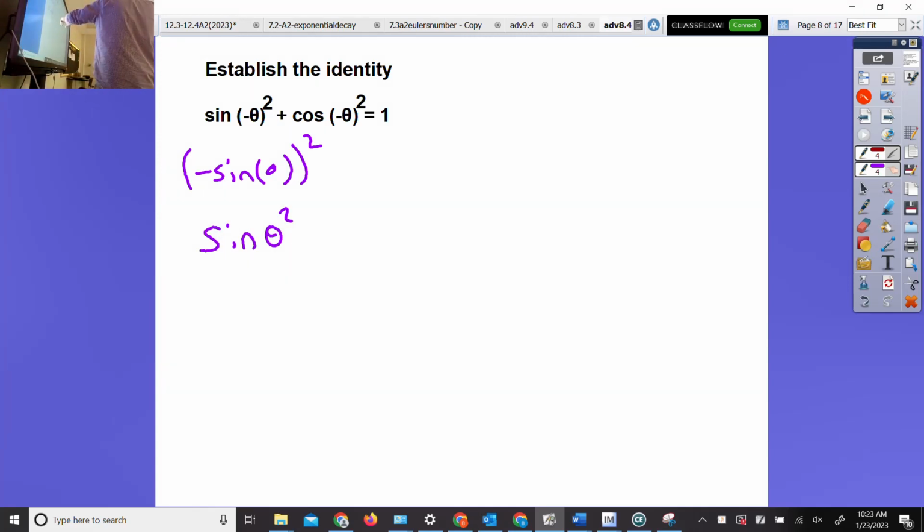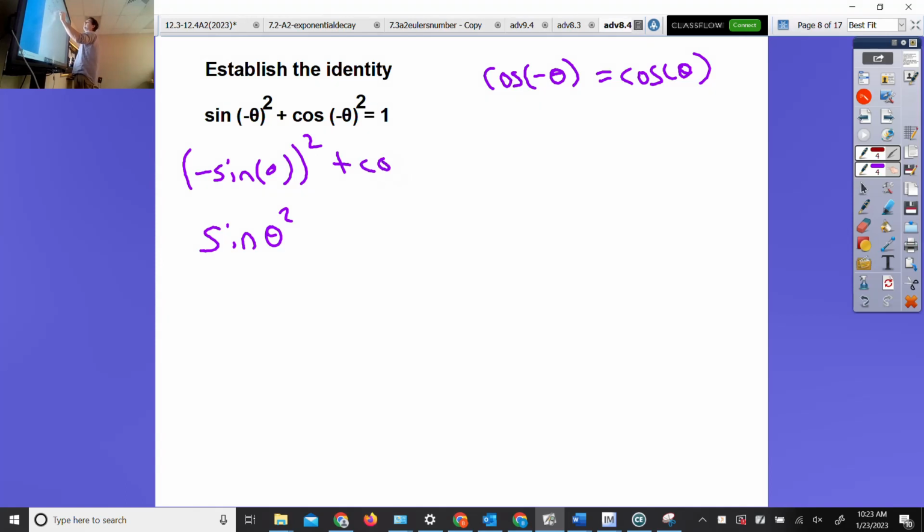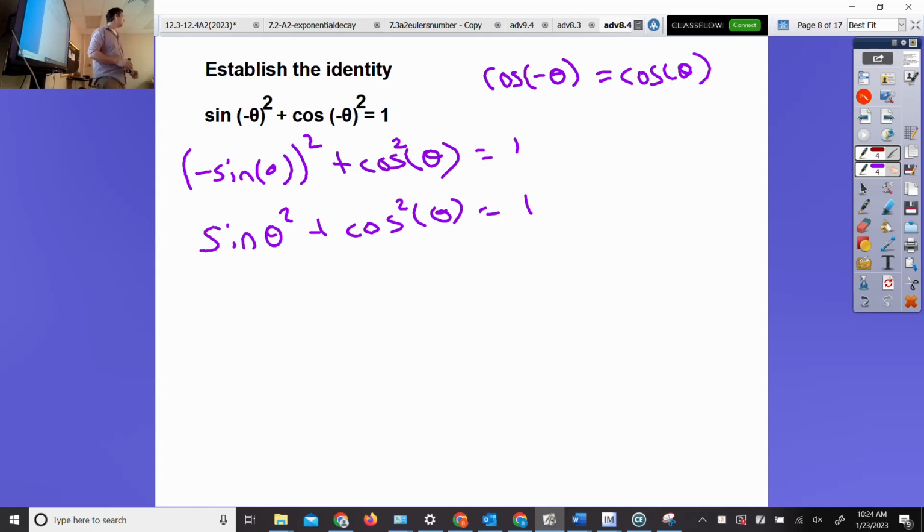When you see cosine squared, cosine of a negative angle, you're supposed to refer back to that identity, the even-odd. It just says make the angle positive, doesn't it? And you get it right there. Because sine squared plus cosine squared, again for the umpteenth time today, is what? 1. Left-hand side looks like right-hand side.